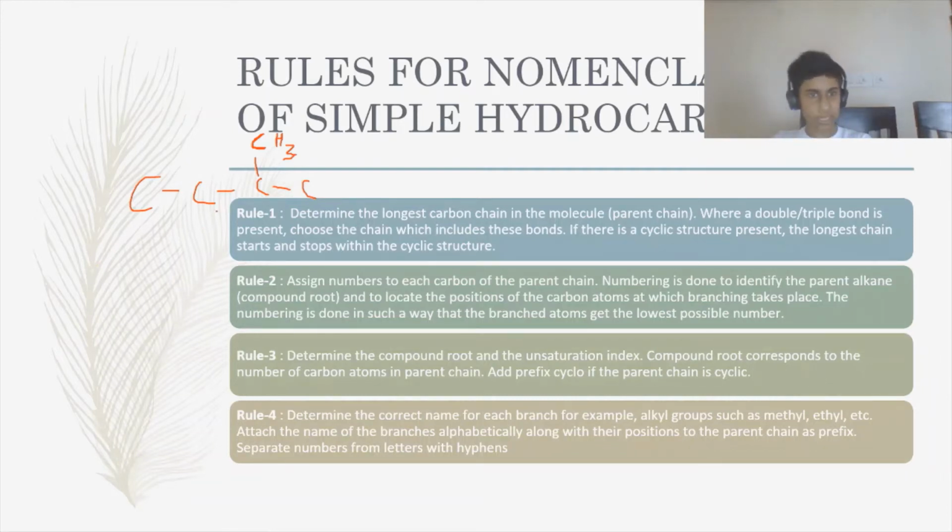Now let's see how we would name this compound here. So we would just name this as butane, just normal butane, and the methyl is at number 2, like we saw earlier, 1, 2, 3, 4.